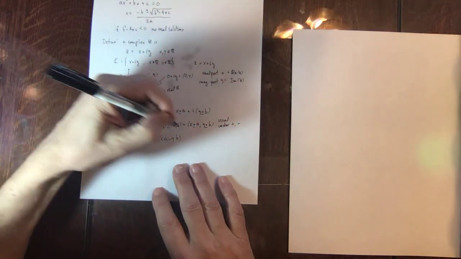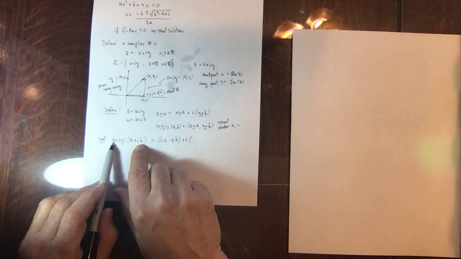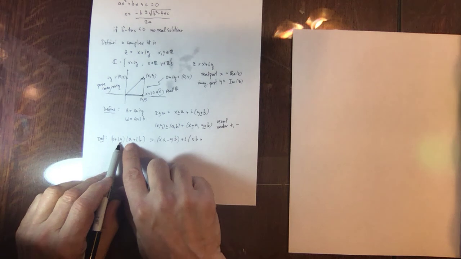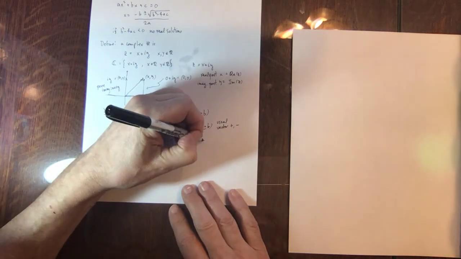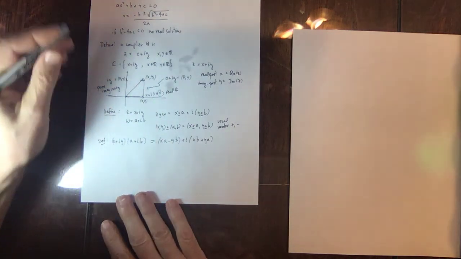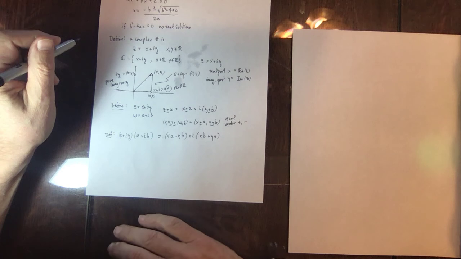That'll be the real part, and the imaginary part will be this term and this term. So xb plus ya. So now I could take that as my definition of how to multiply two of these complex numbers.